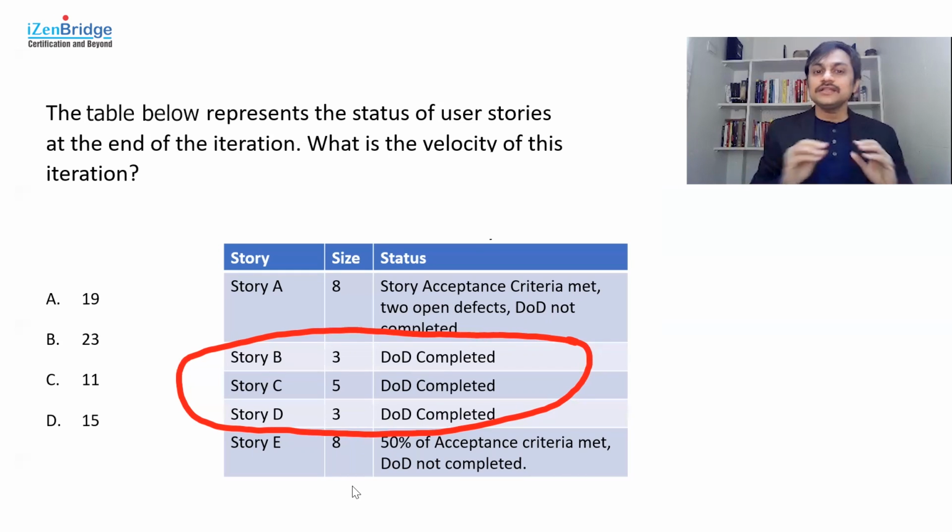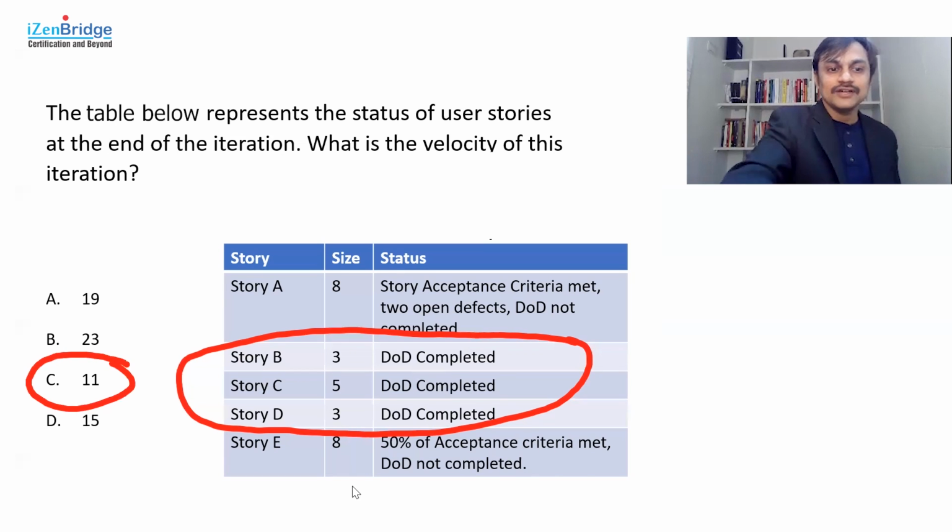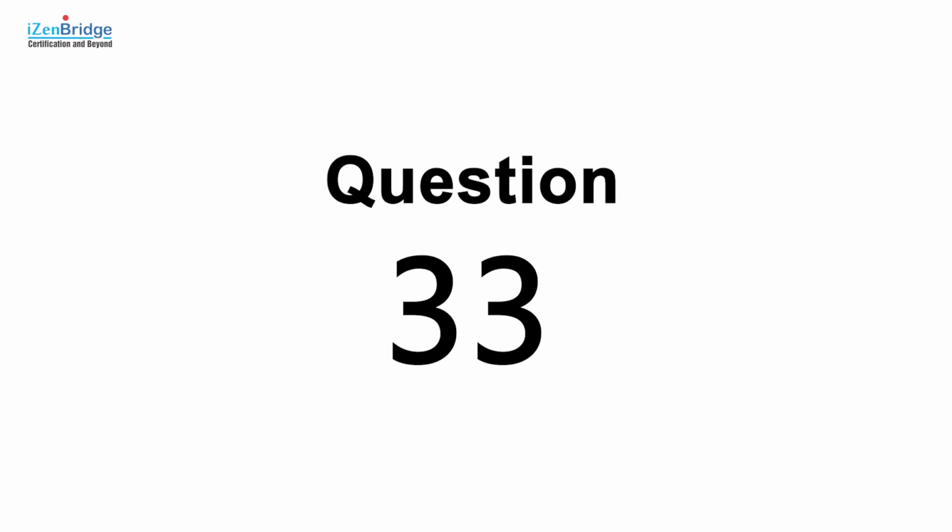So please be aware, there is no nearly meeting definition of done. It's meeting or not meeting. So in this particular case, the calculations are simple. I just need to sum total B, C, and D, and the answer will be 11 only. There is nothing else. I just need to sum total the done part of my iteration work, which is story B, C, and D.